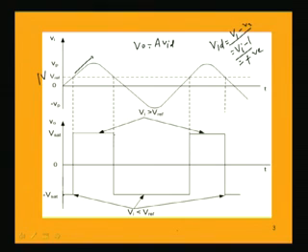This will stay saturated until Vi again becomes lesser than V reference. And then when Vi becomes less than V reference, we will again be getting a negative saturation.